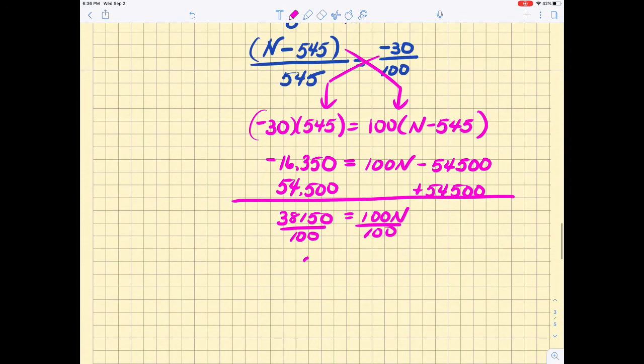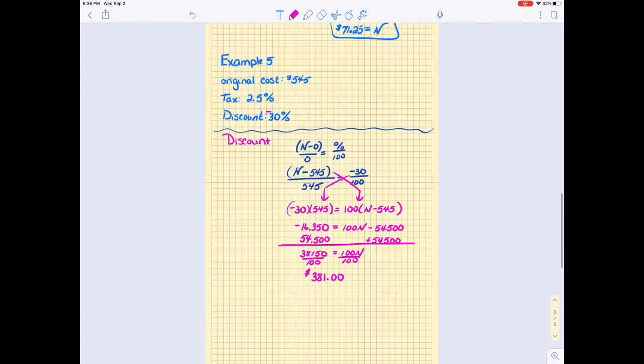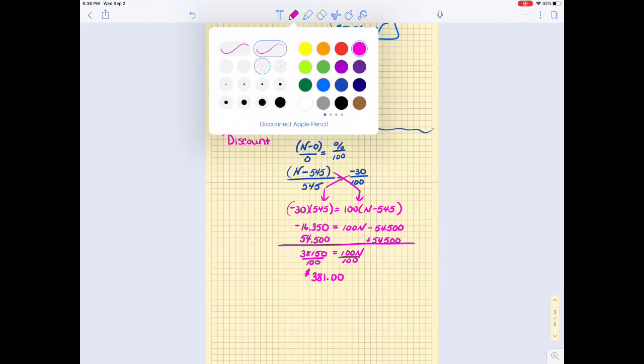And now our discounted price is $381.50. I'm going to check to see if that makes sense. Well, the original price was $545. It's a discount of 30%, and so we're down to $381. But that's not what's going to be rung up when you go to buy this, because we still haven't figured out how much we pay in tax.